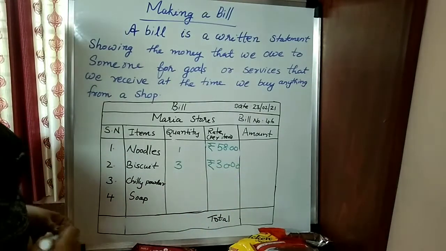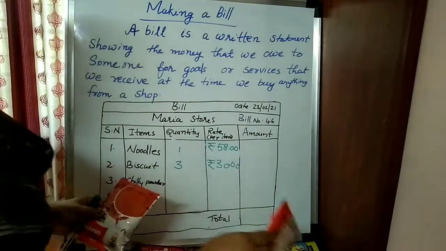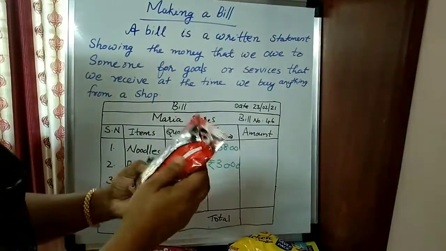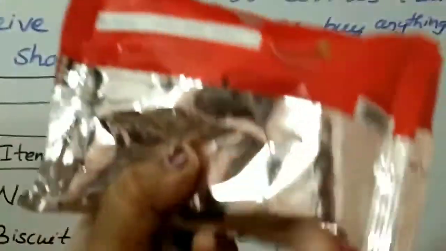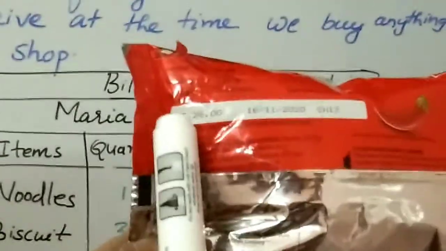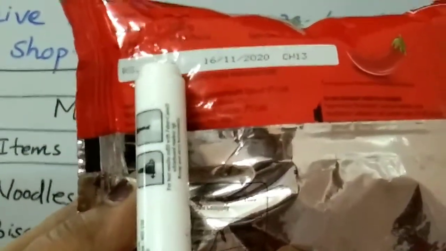Then I have purchased 2 packets of chili powder. Then the cost of each packet of this chili powder is here. Here you listen, RS 26.00.